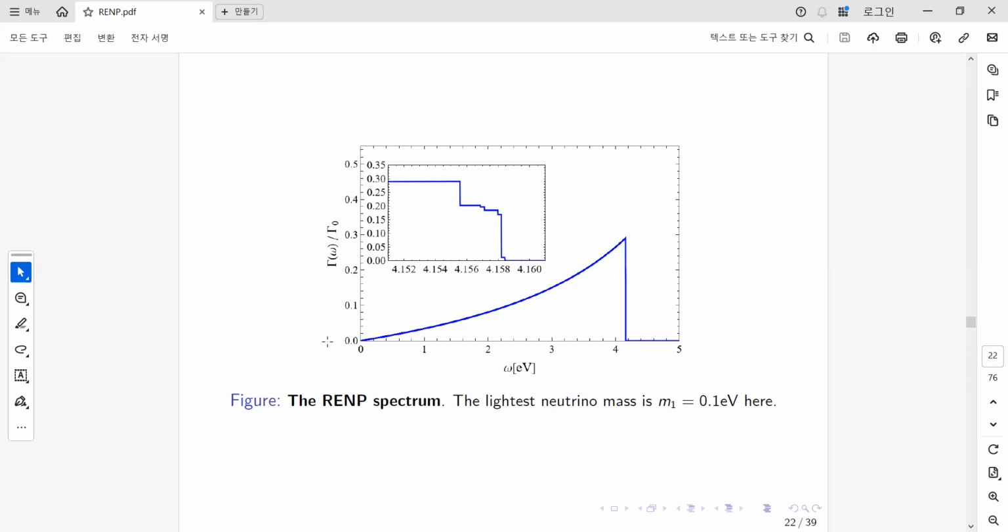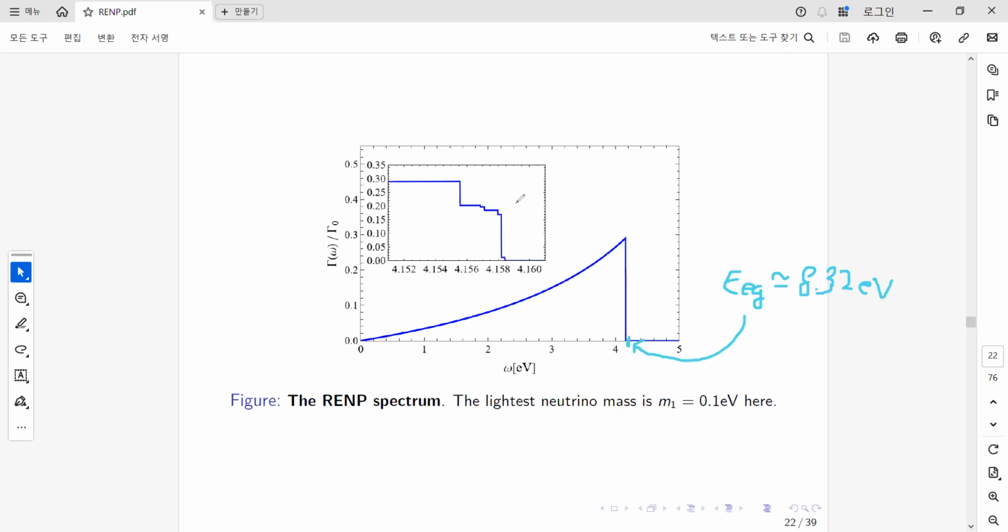We assume that the lightest neutrino mass is equal to 0.1 electron volt here, and almost near the endpoint energy in here. In our xenon system, epsilon is almost 0.32 electron volt, so half of this epsilon is almost here. So this is the original threshold.